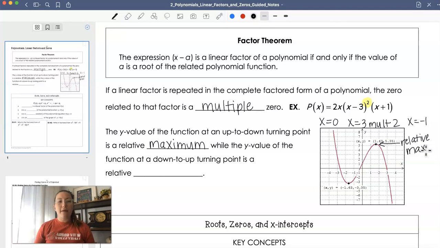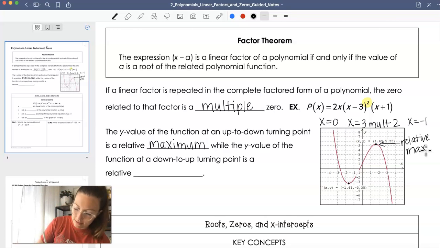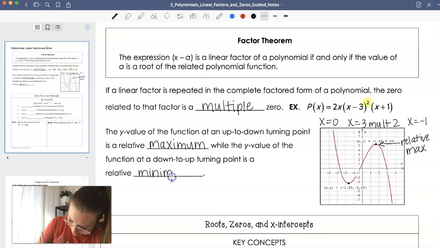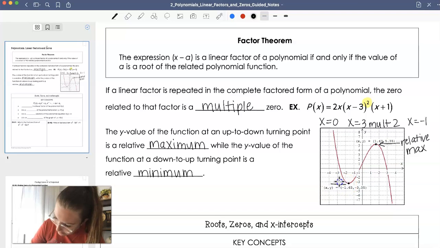And then the y value of the function at a down to up turning point is a relative minimum. So in this case, this guy right here is a relative minimum.